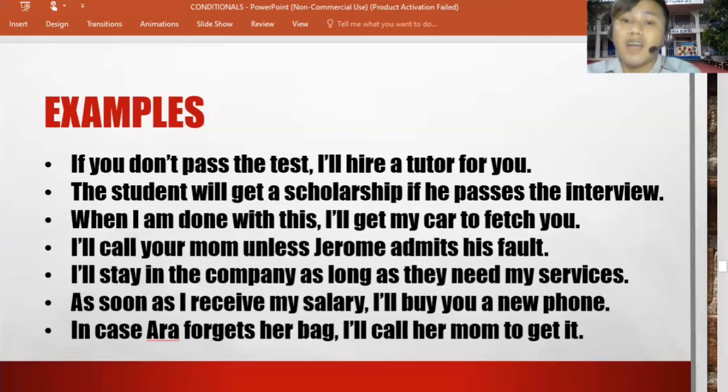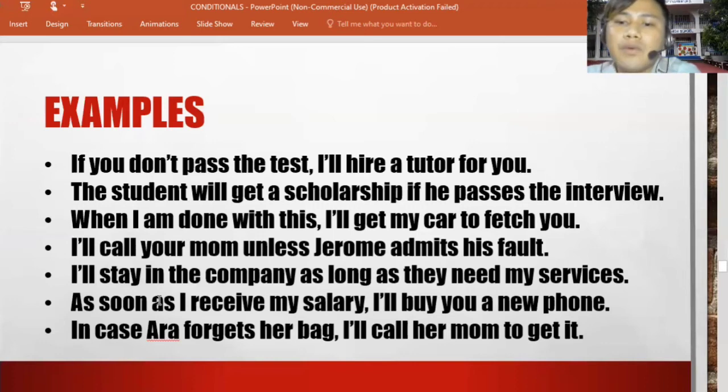So we have lots actually here. In our first example: if you don't pass the test, comma, I'll hire a tutor for you. Our condition is if you don't pass the test. So we have the if here.